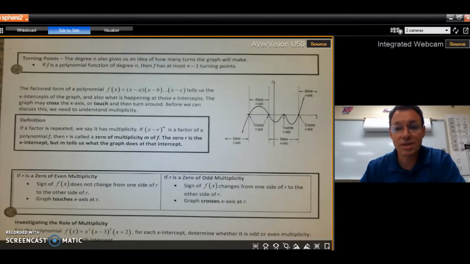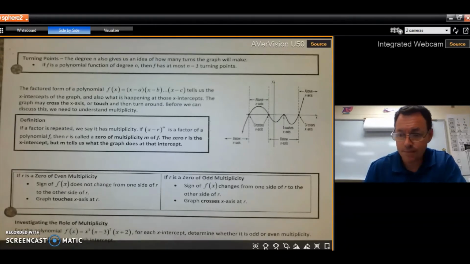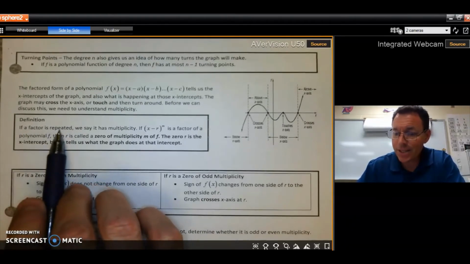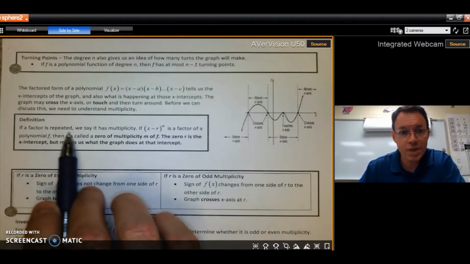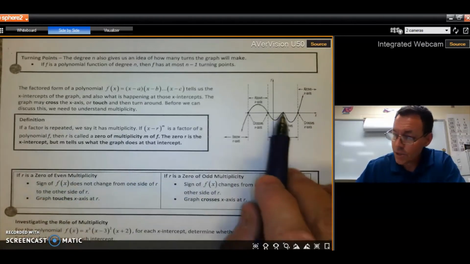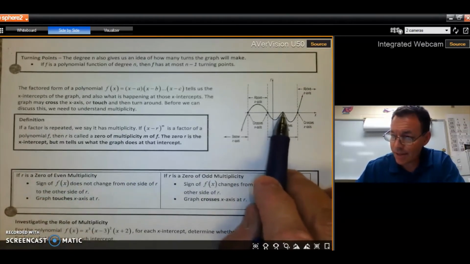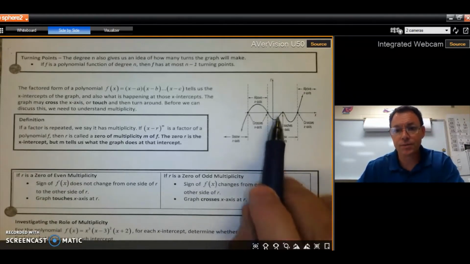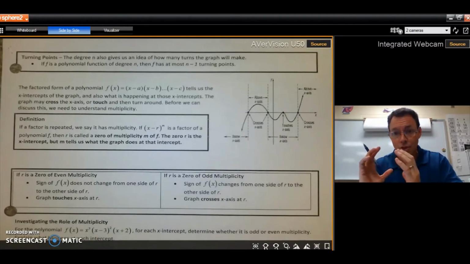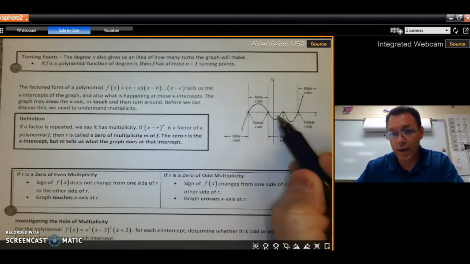Okay, so what is it that's causing that to happen? Well, it's something called multiplicity. If a factor is repeated, we say that it has multiplicity. So let's say this is x equals 2. This x equals 2 factor, so x minus 2 would be the factor, is squared.